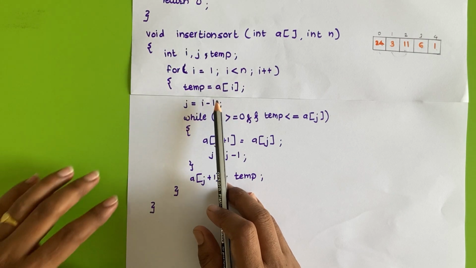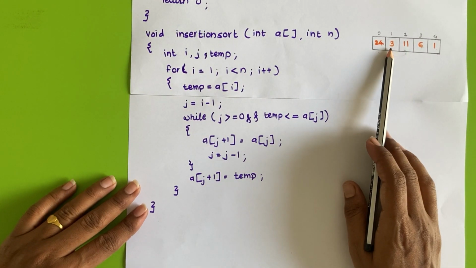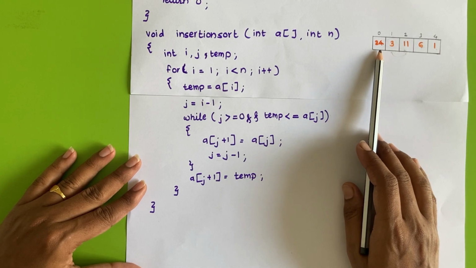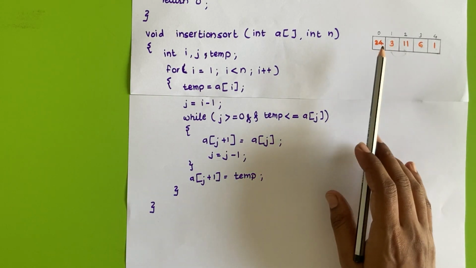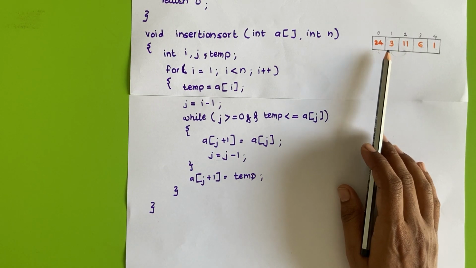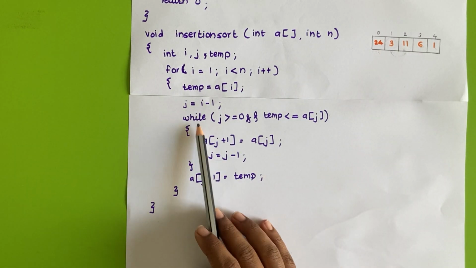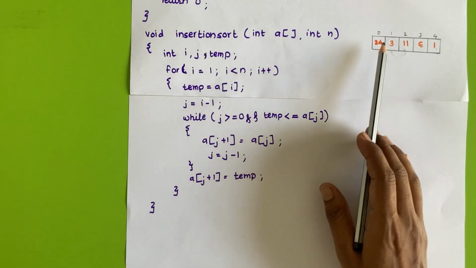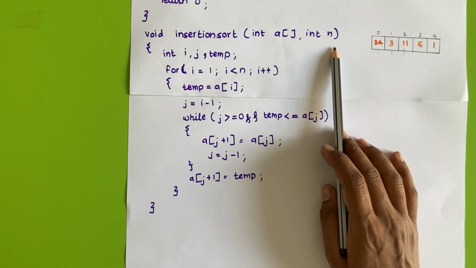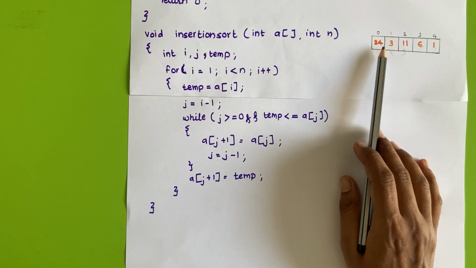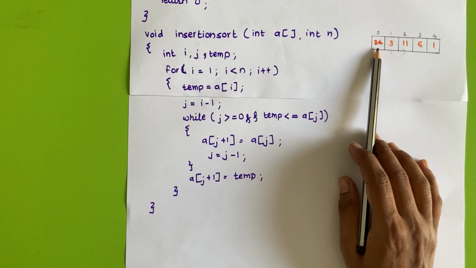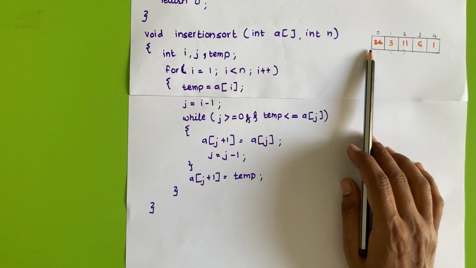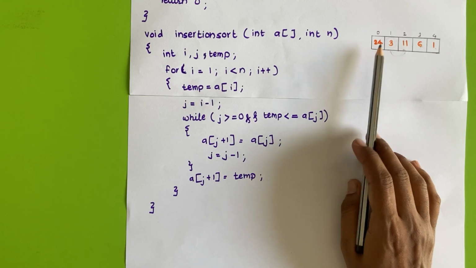Now we have to compare this with the element to the left of it. And if that is smaller, then we have to swap them. So the condition will be: j is greater than or equal to 0, because we don't have any negative index here, so the right element is always compared till the elements with index 0, because we don't have any element below index 0.